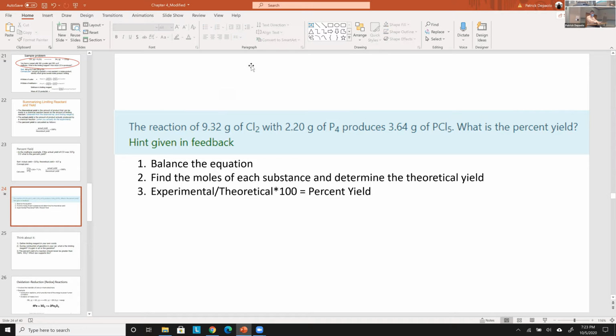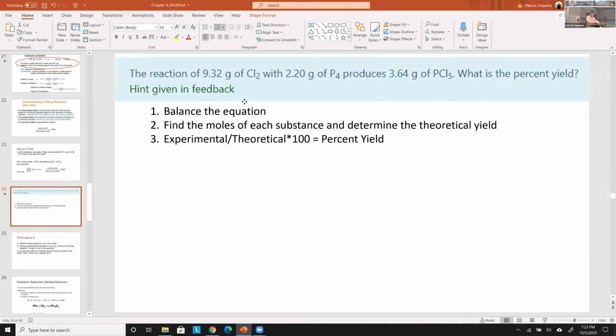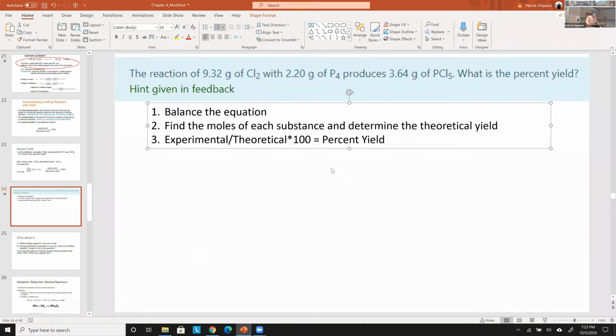You have a reaction between chlorine gas, Cl2, and P4 to make PCl5. What is the percent yield? That's a loaded question.